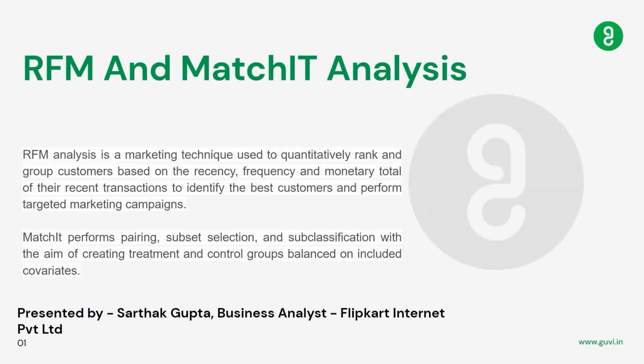What Match It does is, you already have an offer going on, and you want to see what the intent was and what the growth was because of the offer which has gone live. So Match It performs pairing of customers which had the same intent till the offer was not rolled out, but later after the offer was rolled out, one cohort had purchased that offer while the second did not.